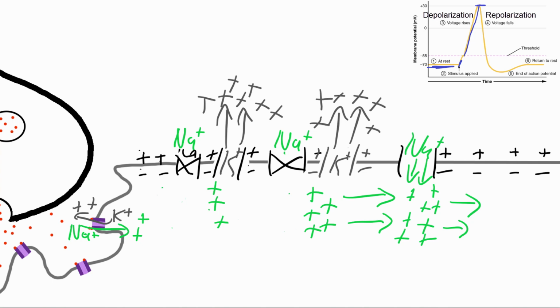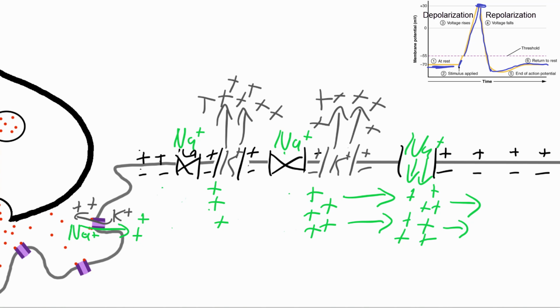It's at the top of the chart right here that the voltage regulated sodium channels start to close and the voltage regulated potassium channels open. When those voltage regulated potassium channels open, you get your repolarization coming down. When you get to the bottom there, the voltage regulated potassium channels are closing. You rebalance and return to rest.